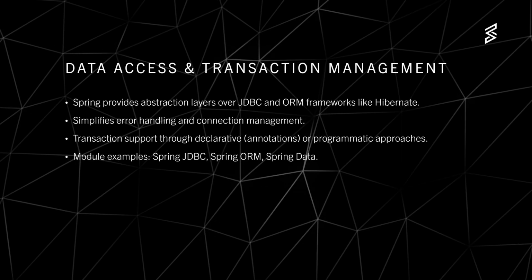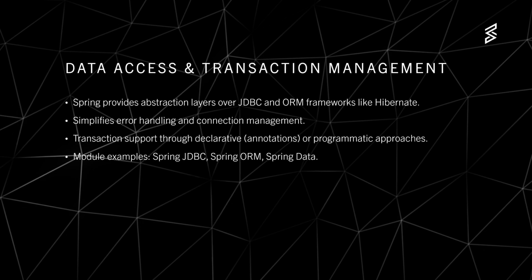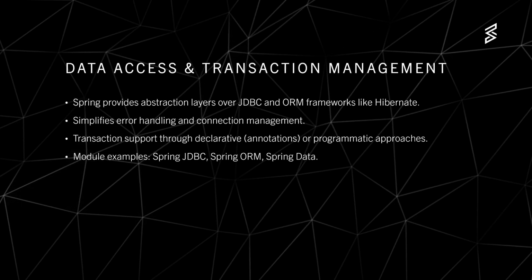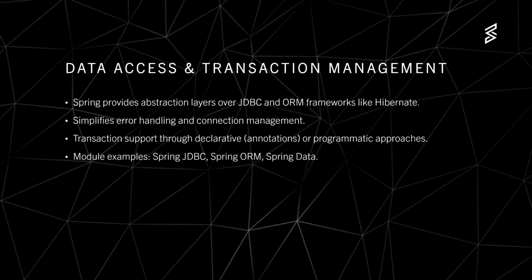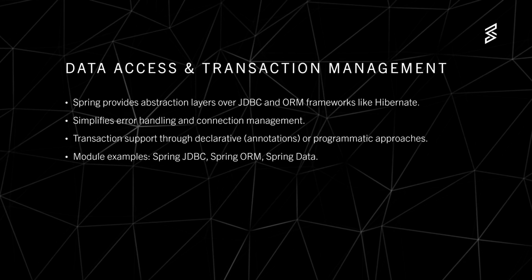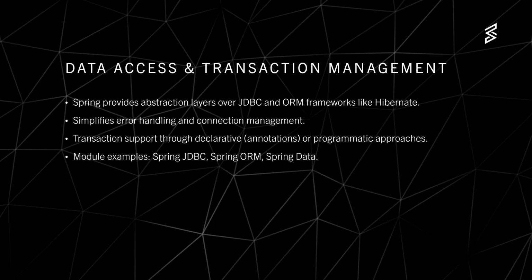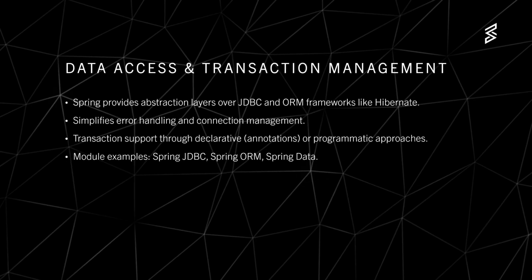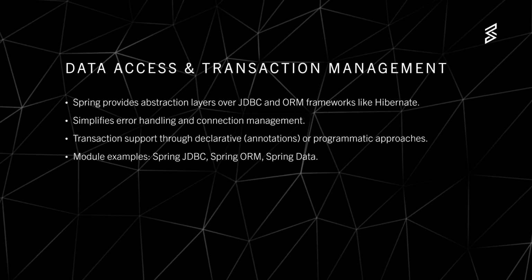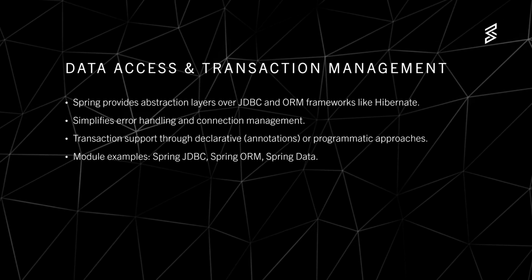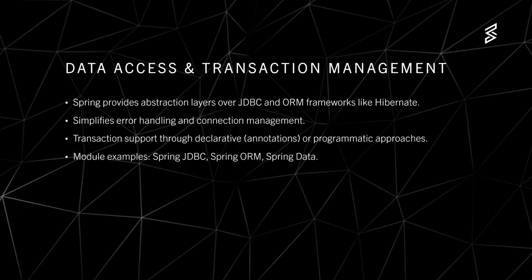Data access and transaction management. Accessing databases can be tedious, especially when using plain JDBC with lots of boilerplate code. Spring simplifies this with modules like Spring JDBC and Spring ORM. These modules provide a cleaner and more consistent way to handle queries, connections, and exceptions.